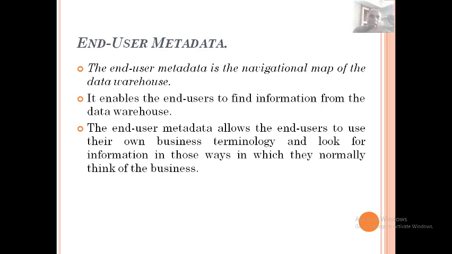This is where I am traveling. Whenever you travel, you have a navigation map showing which route you are taking and which city you have reached. That kind of information will be there in this metadata. It enables the end users to find the information in the data warehouse.